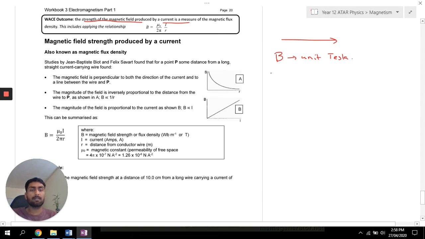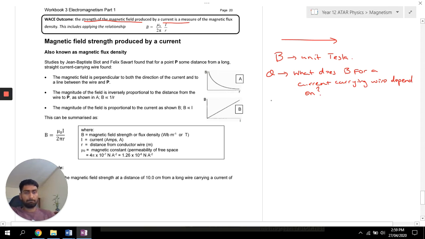So the question is, what does the magnetic field strength for a current carrying wire depend on?